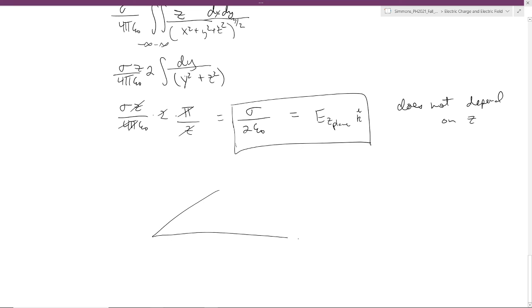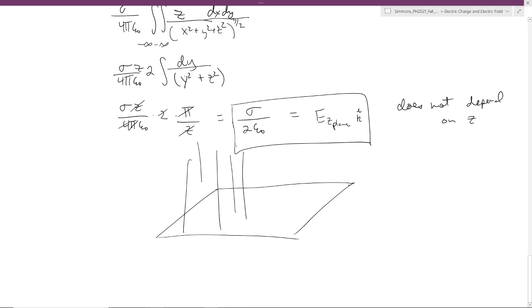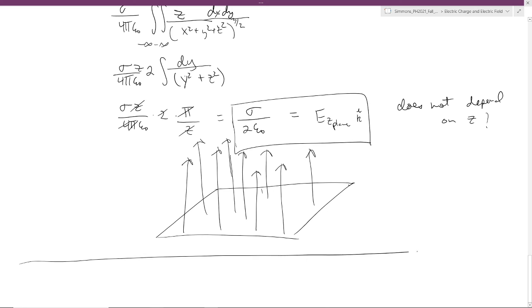So if you have, just to draw a picture, these field lines are not spreading out at all. It's just interesting that this charge configuration has a lot different behavior than the other ones that we looked at. The wire goes like 1 over r, and the point charge goes like 1 over r squared.